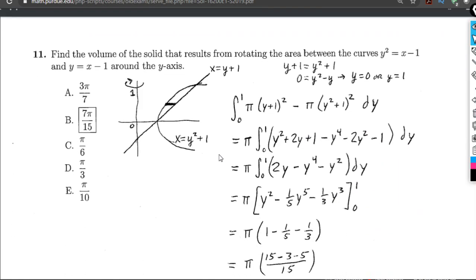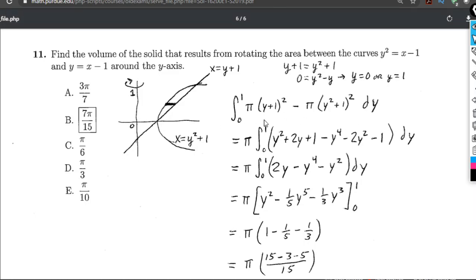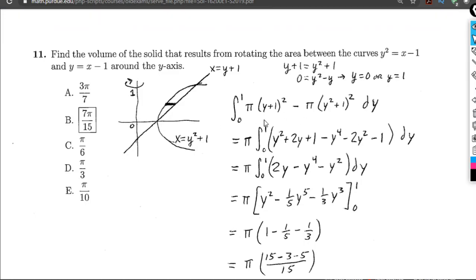11 here. Rotating between the functions. Since this one is rotating about the y-axis, I would actually do cylindrical shells for this, but the equation uses the disk and washer method, so it would actually involve dy.